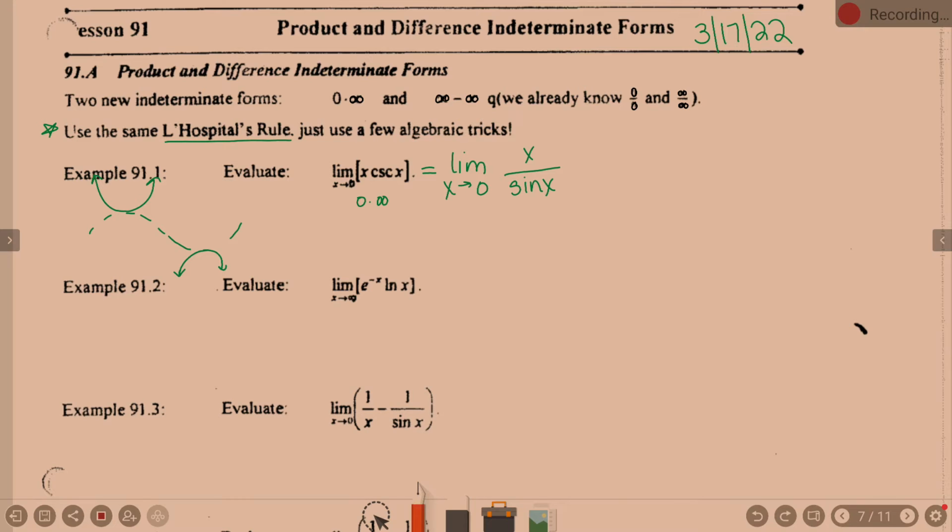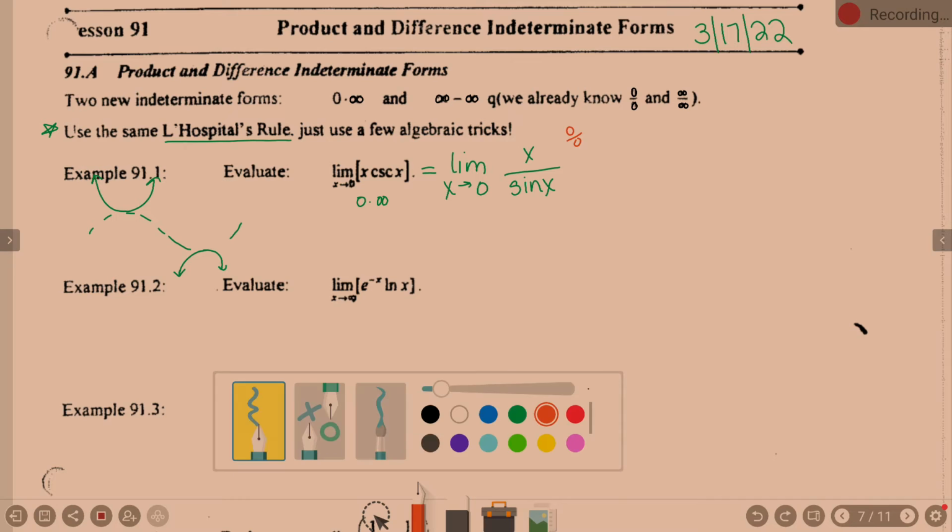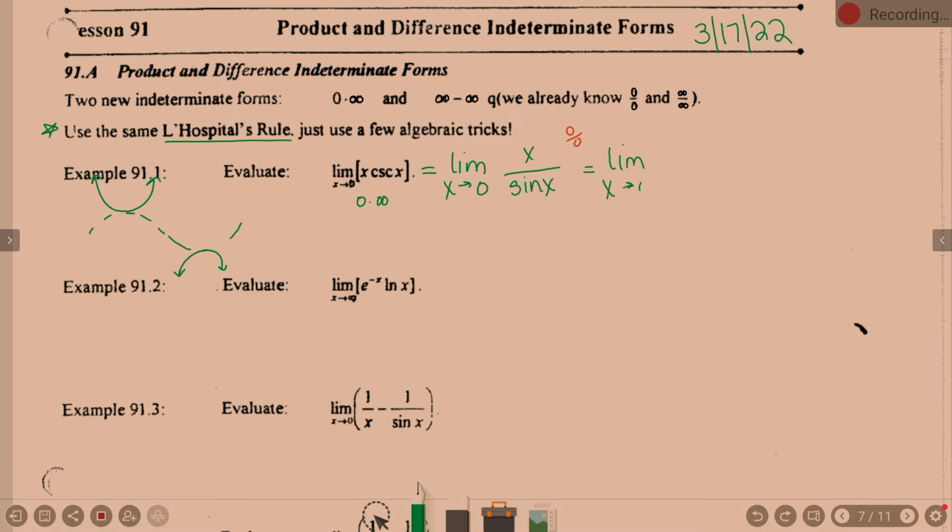And so now what happens when we put 0 in here? Sine of 0 is 0, so this is the idea of 0 over 0. So what does that allow us to use? L'Hopital's rule. So it's still going to be the limit as x approaches 0. What is the derivative of x? 1.